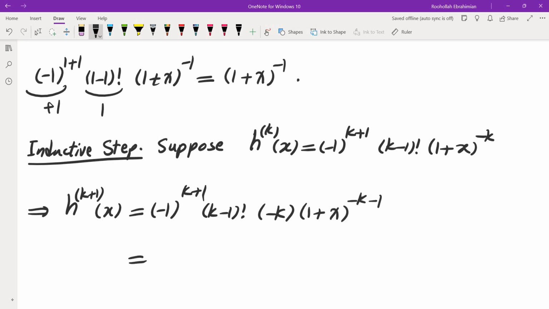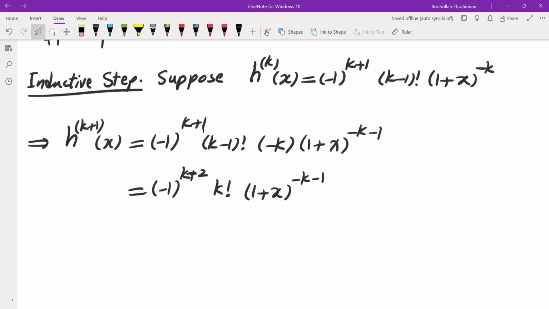And this is equal to, negative signs become negative 1 to the power of k plus 2. K times k minus 1 factorial is k factorial, and that is 1 plus x to the power of negative k minus 1. And this is exactly the other side.